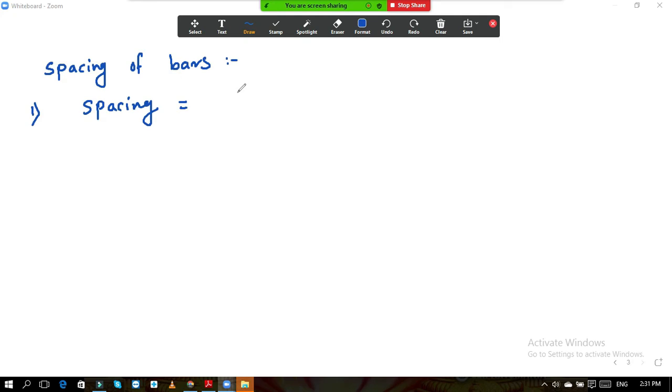So here the spacing, how do we calculate the spacing? Area of single bar divided by AST provided, into width. So here width is 1000.